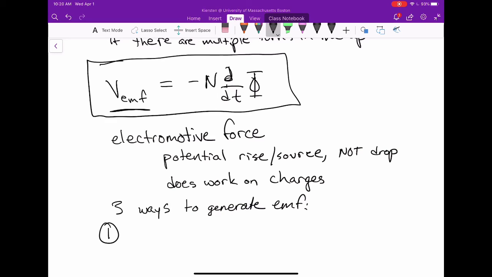The first one is a transformer EMF, which means a stationary loop and a time-varying magnetic field.